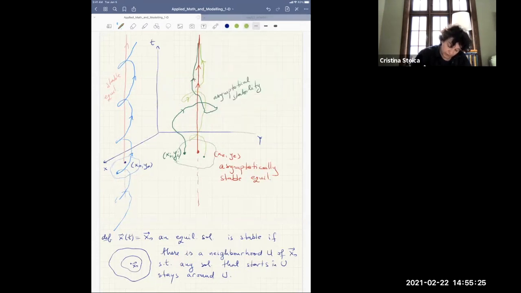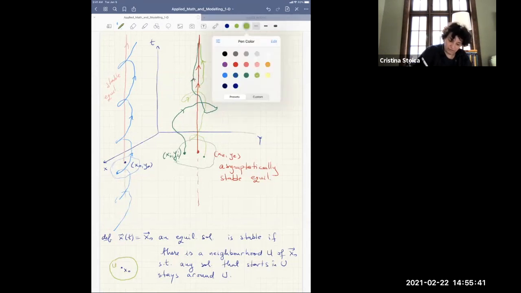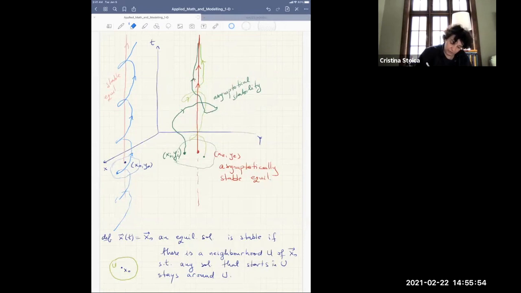Okay, this is u, I'll make it bigger, guys. So here is x naught, here is u, and I'm starting in a different point. I'm starting here. Okay, I should do it with green or something. So here I'm starting with this one in here, that's x i.